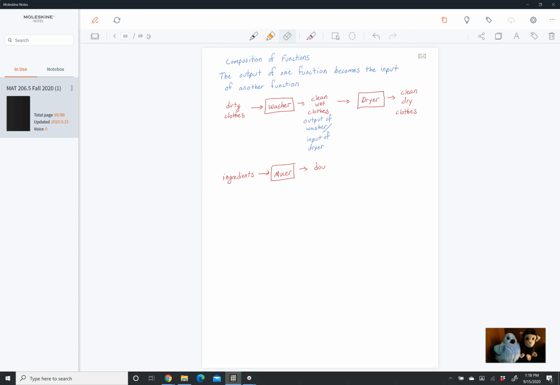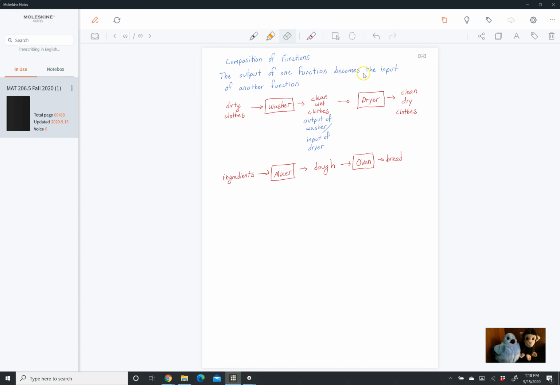Dough comes out. Where are we going to put that dough? We're going to put it in the oven. And what comes out? Our bread. So this is the output of the mixer, but the input of the oven.